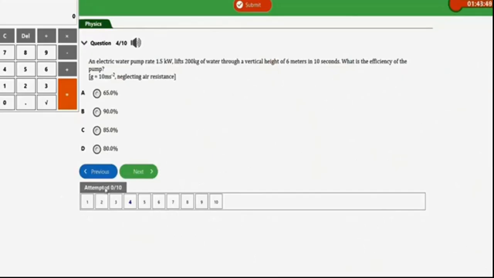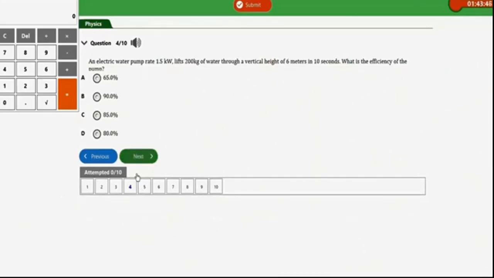The next repeated question is this one. It says an engine of a car of power 80 kilowatts moves on a rough road with a velocity of 32 meters per second. The force applied to bring it to rest is... In this question, remember the formula for power can also be power equals force times velocity.